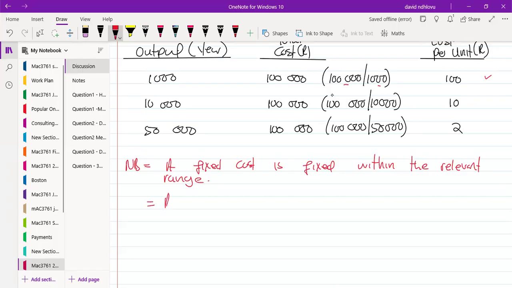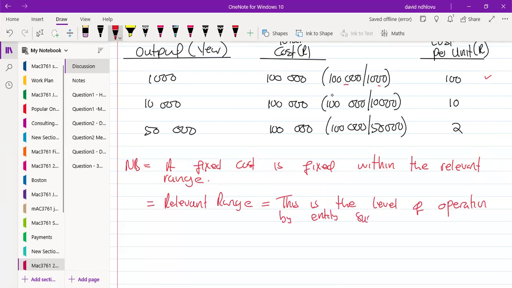When we talk about the relevant range, this is the usual level of operation by the entity, such that cost behavior is predictable and consistent.